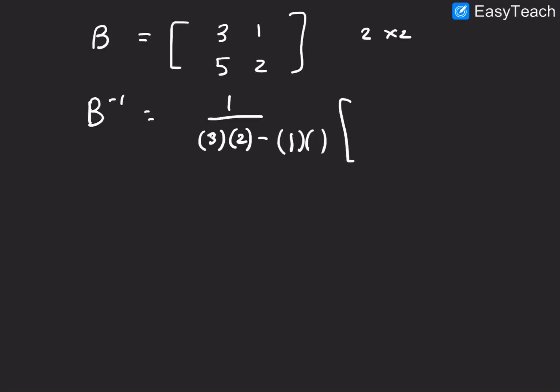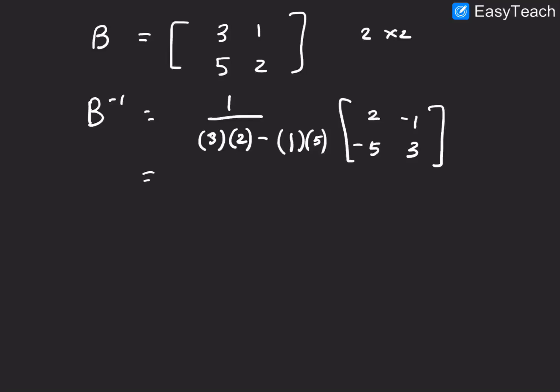That's better. So B times C. And if you remember, we have to flip the position of A and D. So now they're going to be 2 and 3. And we have to change the signs of B and C. So this will be -5 and -1.